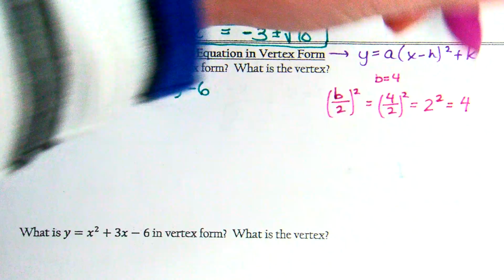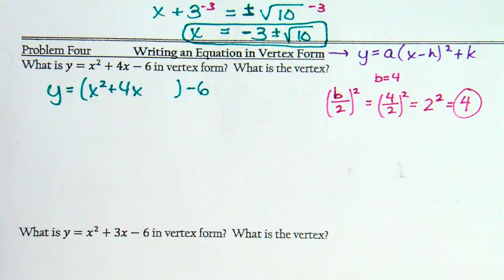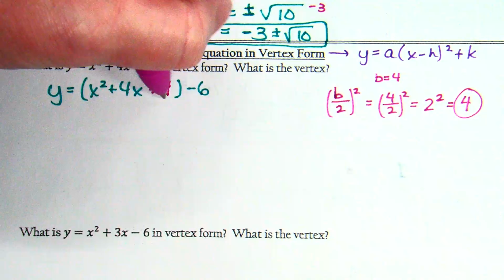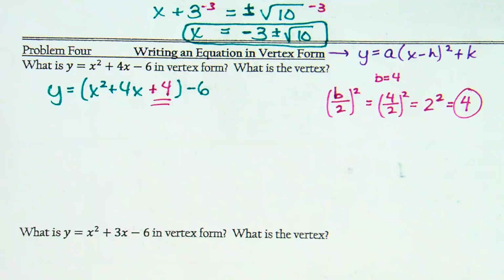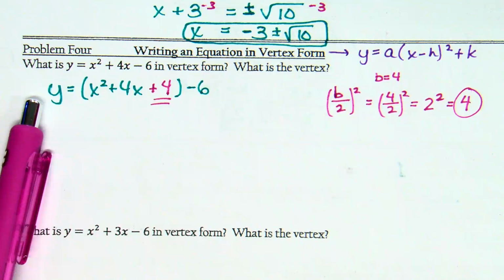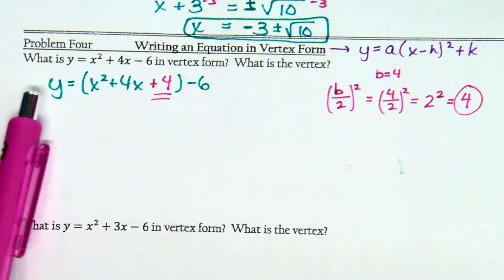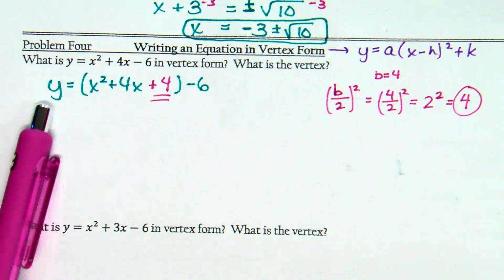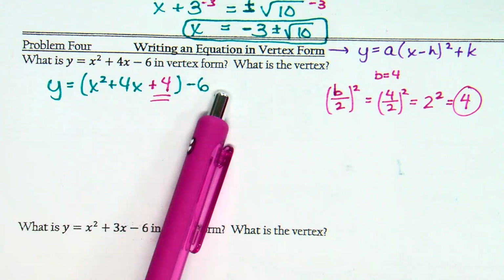So normally we say add 4 to both sides, right? So I am going to add 4 in my parentheses. The whole idea of adding 4 to both sides is that we're keeping our equation balanced. So we add 4 here, and technically you could think about it as adding 4 over here. But we really don't want anything with the y. So if we add 4 over here, what could I do to move it over by the 6? Subtract the 4.